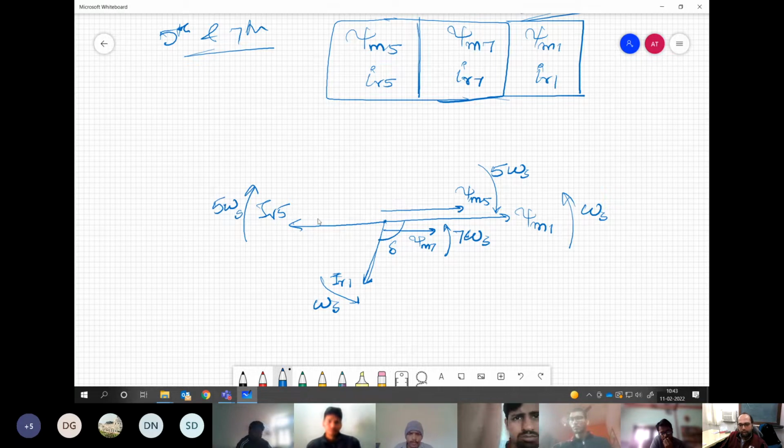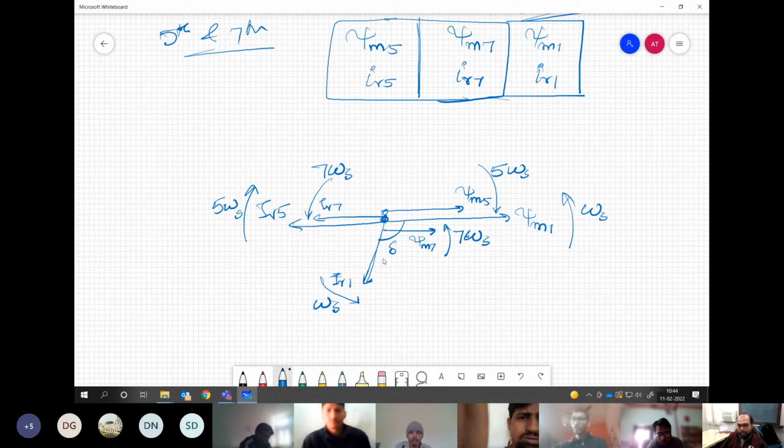And the 7th harmonic current IR7, which is rotating with 7 omega s in the counterclockwise direction. This is clear. All these are phasors overlapping basically. I have drawn just parallel lines. These are all overlapping. The center is same. You understand the point?